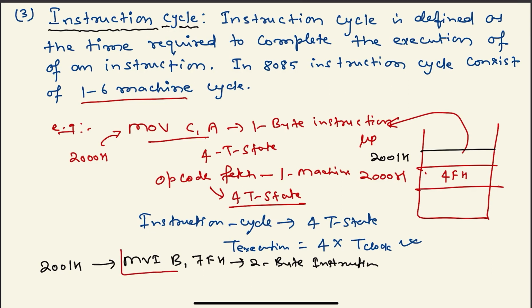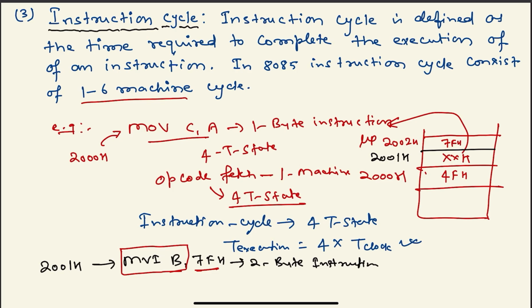Opcode means the hex code for this MVI B. Let's say this is XXH, and at the next location, 2002H, it stores the immediate operand 7FH. So 7FH is stored here.